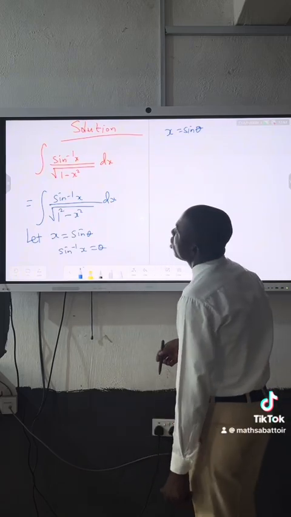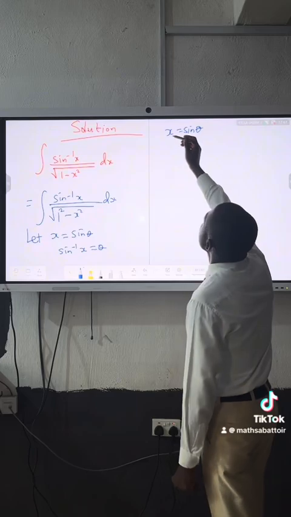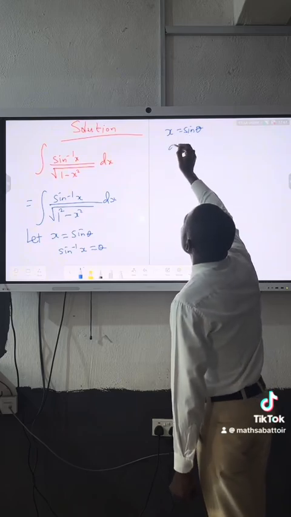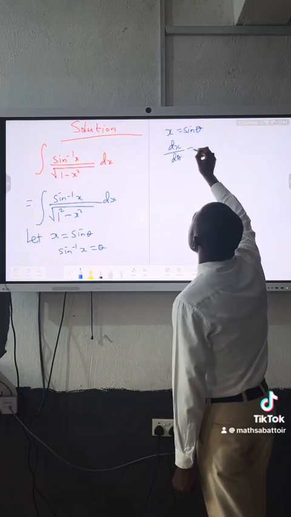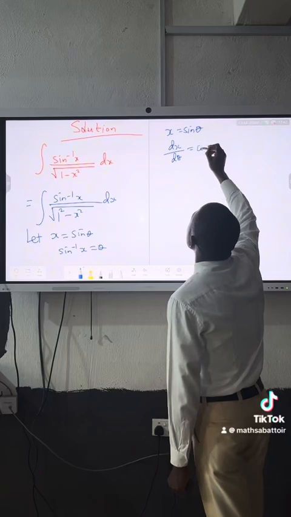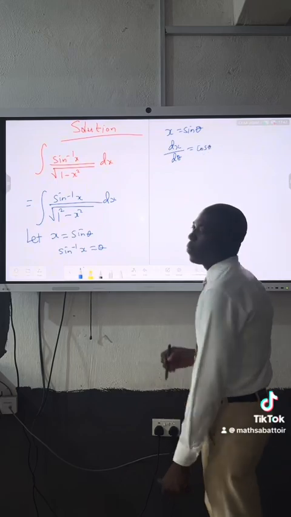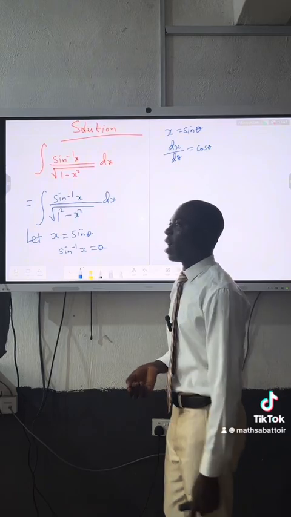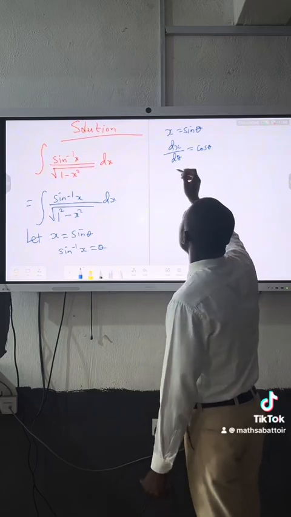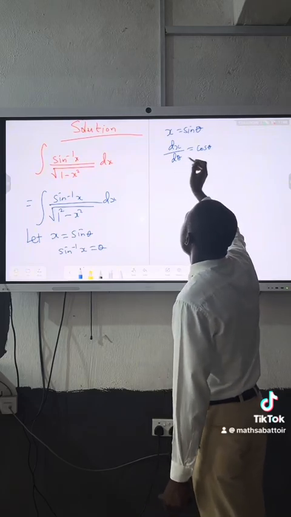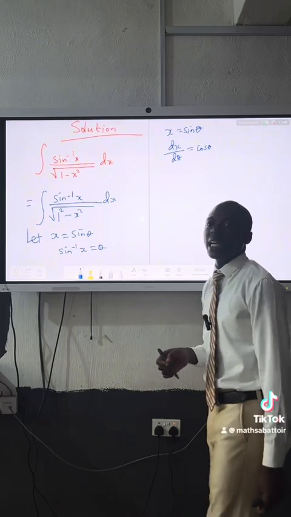Now, differentiate x with respect to theta. Write it as dx d theta. If you differentiate sine theta, you're going to get cos theta. I hope you are following. All right. Now, make dx the subject of the formula. If you do that, multiply both sides by d theta.